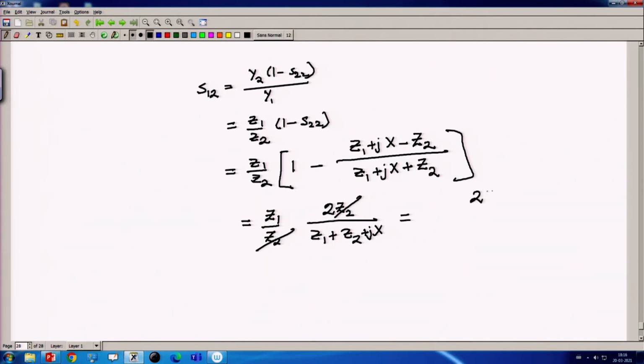So, this becomes equal to 2 Z1 divided by (Z1 plus Z2 plus Jx). So, this completes the derivation of S12 for the unnormalized voltage case.